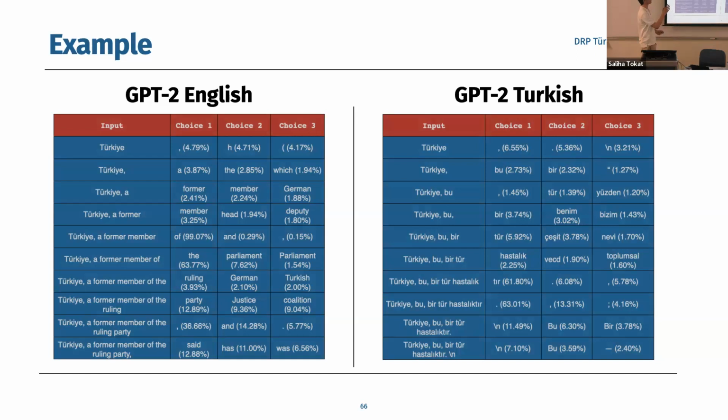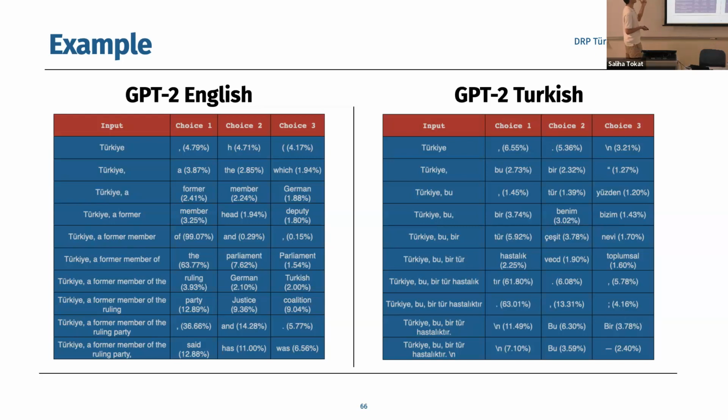The Turkish one is fine-tuned on Turkish plays, Turkish novels, Turkish stories, etc., and actually not only Turkish but translated novels and plays also. What I'm trying to do here is give one input word, which is Turkey in our case, and expect the models to continue the sentence.